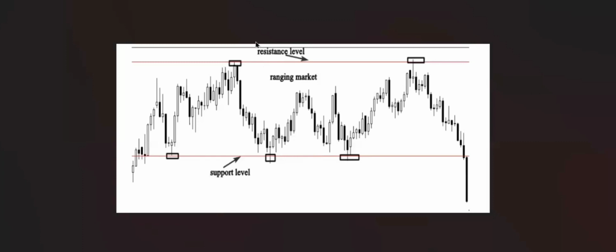But a ranging market tends to move horizontally between key support and resistance levels.